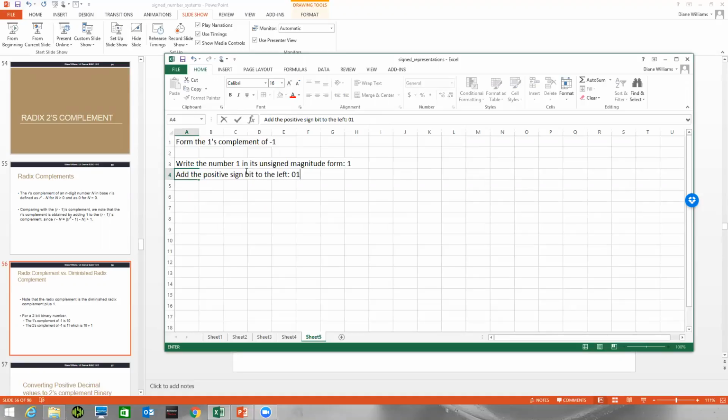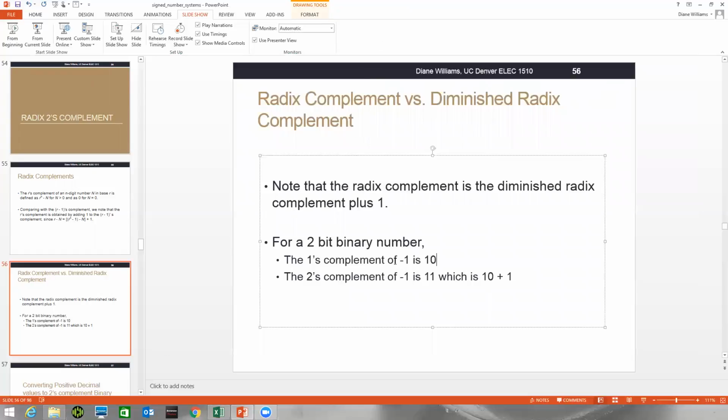All right, so we get 0, 1. To form a negative number, complement the bits. So now we have 1, 0. And that's how we get -1. That's how we came up with here that the 1's complement of -1 is 1, 0.